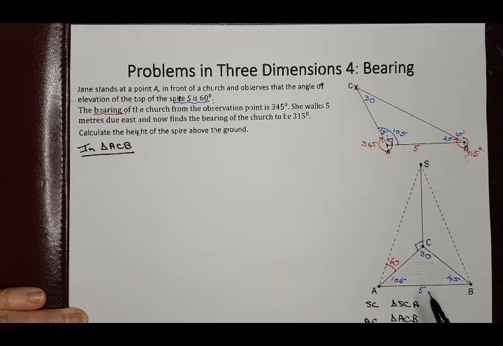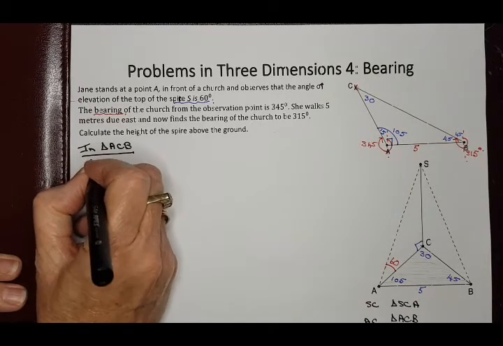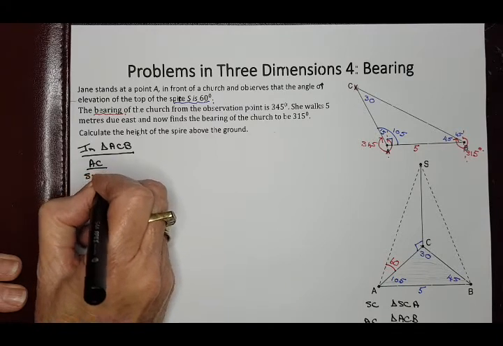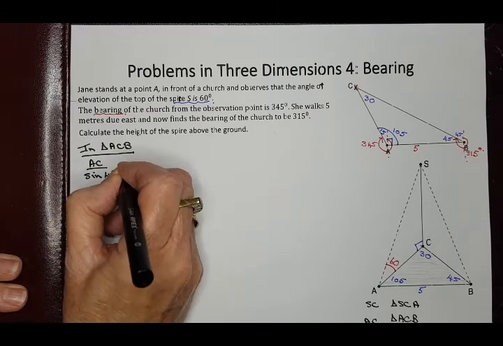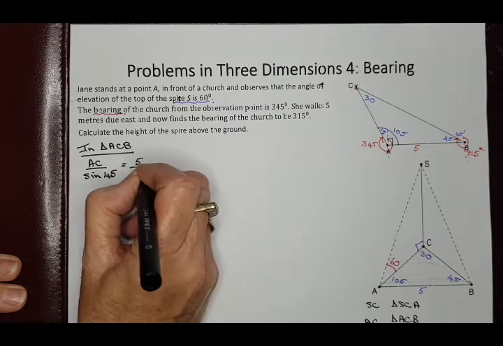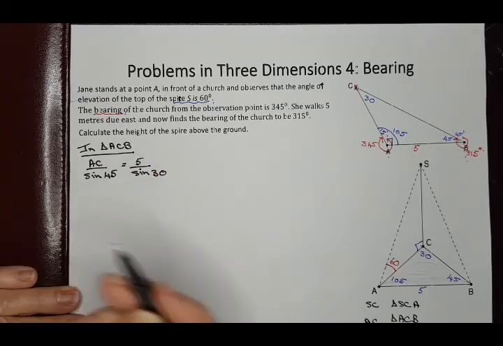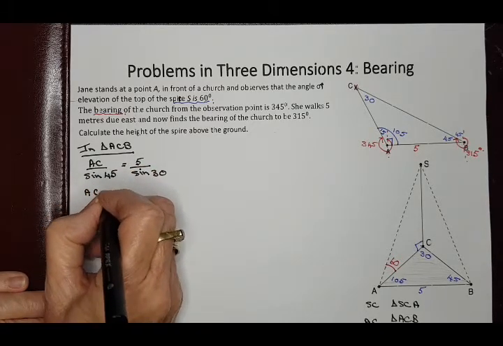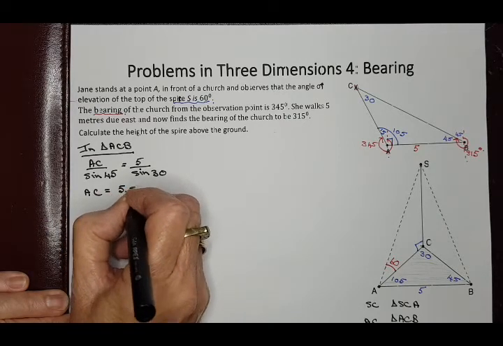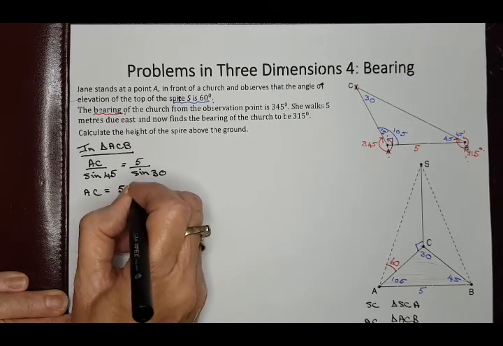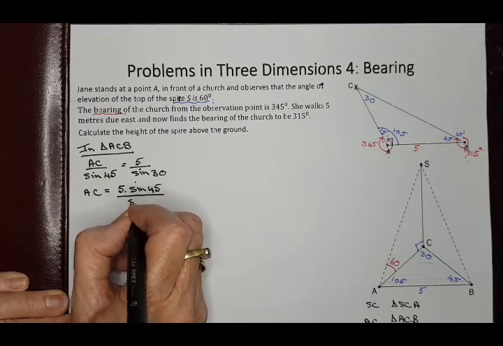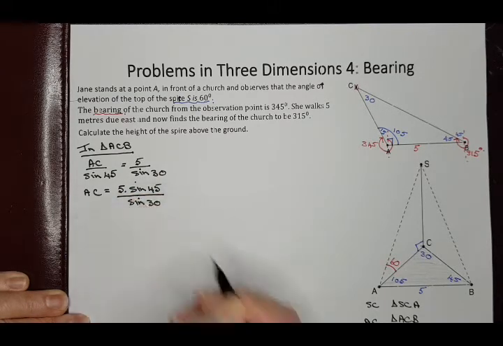I have that pair that allows me to use my sine rule. So AC over sine of 45 is equal to 5 over sine of 30. A little bit of algebra allows me to say that AC is equal to 5 times sine of 45 all over sine of 30.